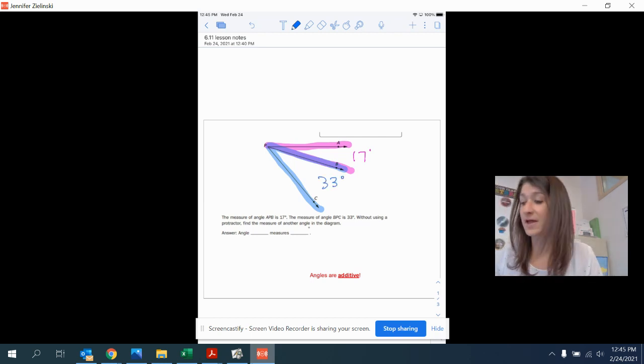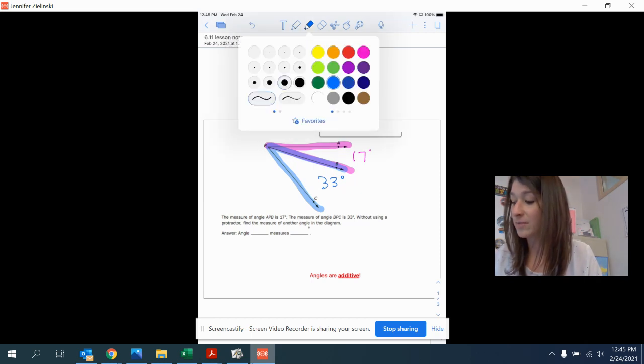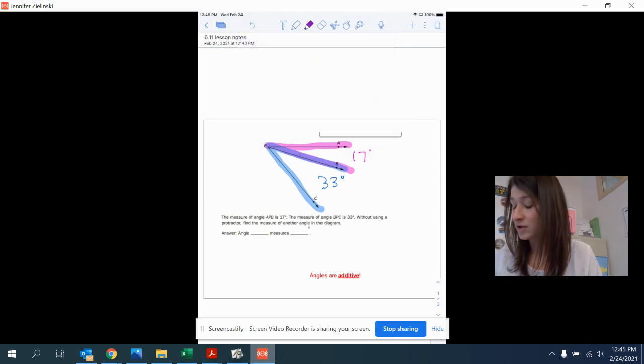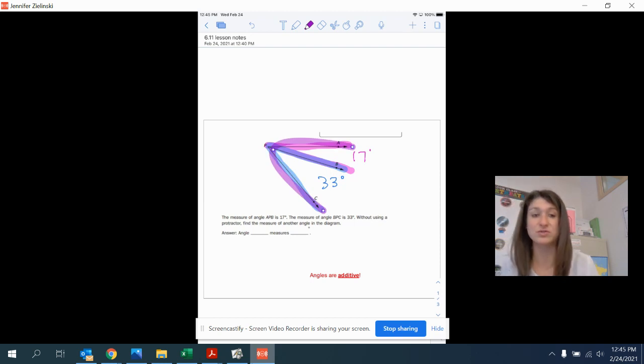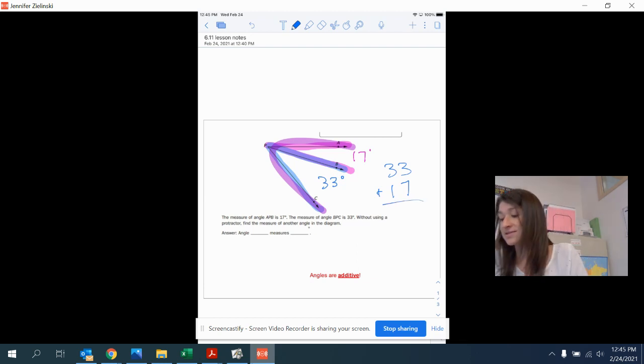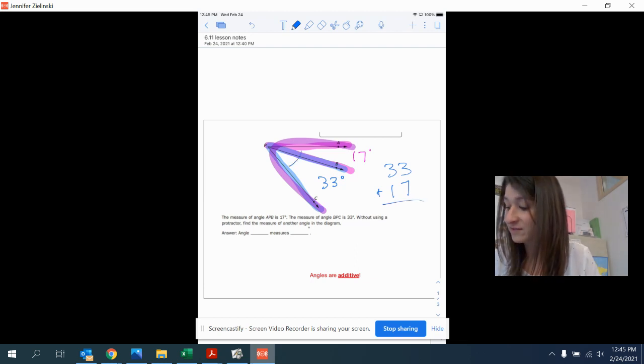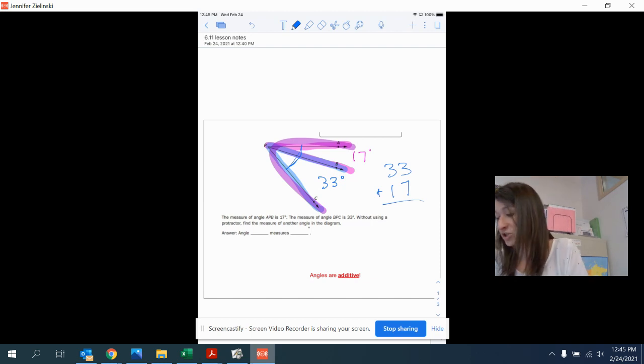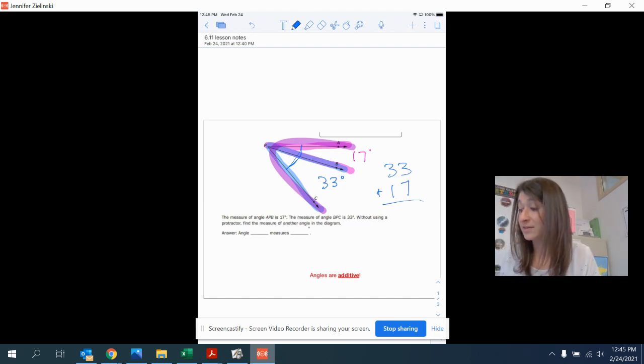If we want to figure out the angle measure of the remaining angle, which would be angle APC, what would we do to figure that out? Well, I'm given two numbers here, 33 and 17. I would be able to add these angles together to figure out this full angle measure. So when I add 33 plus 17, I get 50.